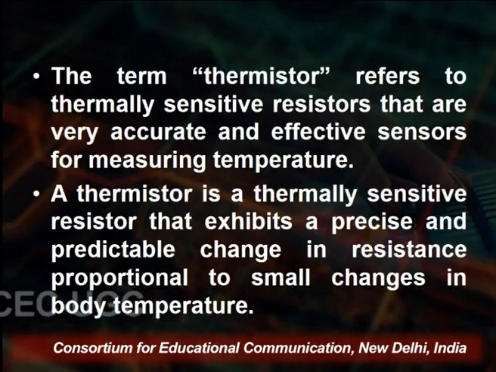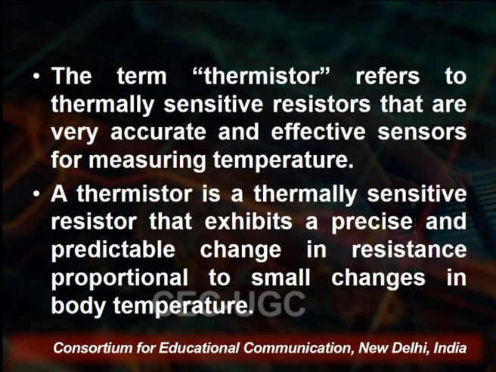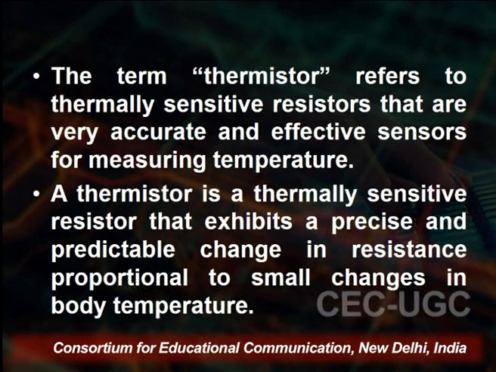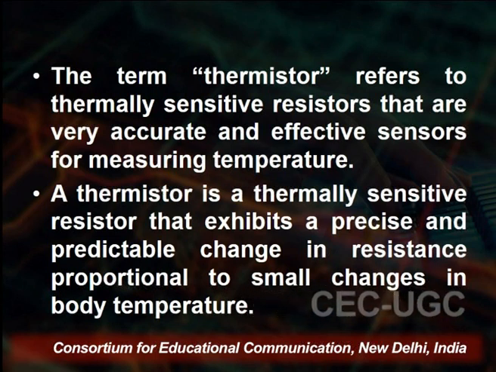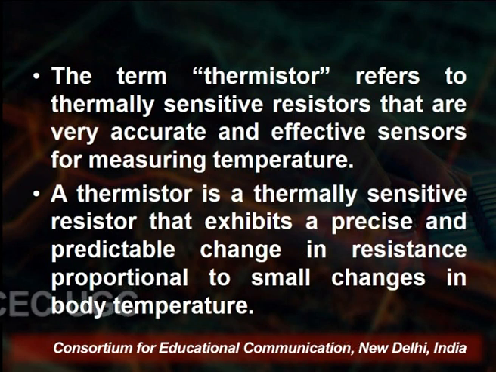In this manner we can get the thermistor, and we determine the resistance or temperature curve by using it. Thermistors refer to thermally sensitive resistors that are very accurate and effective sensors for measuring temperature, because using the thermistor we can measure the temperature. It works like a temperature sensor. So we can use the thermistor for thermally sensitive devices where we can measure the temperature.